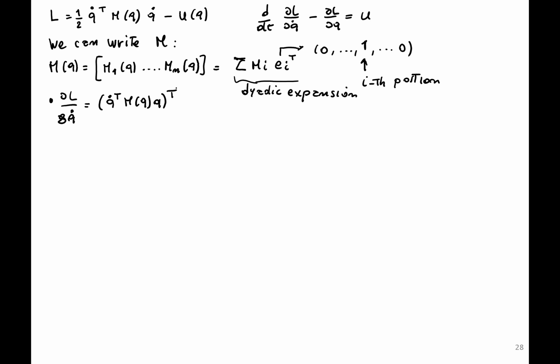This is the expression, and we saw that this is equivalent to M(q) q dot. If we differentiate with respect to time what we just computed, we get M(q) times the derivative of the second one, plus M dot(q) times q dot.